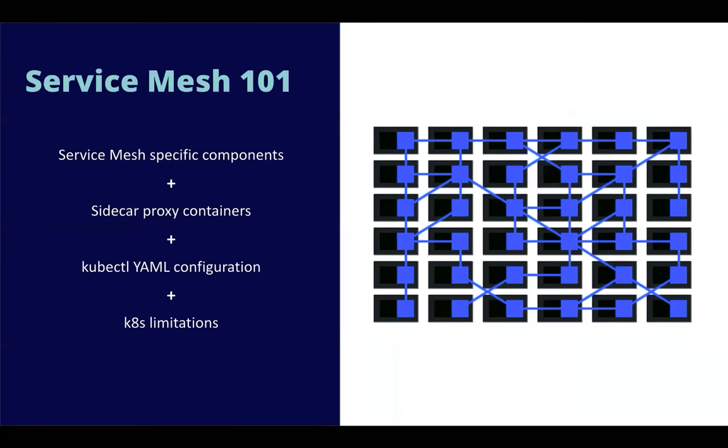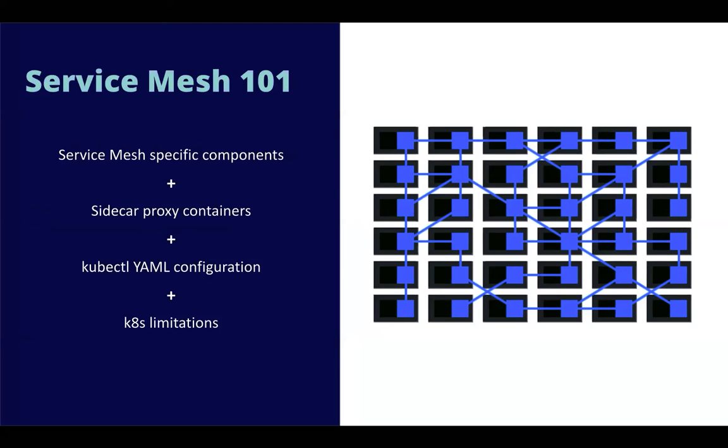So to wrap up again, service mesh is installing. First you install the service mesh. It will install some components of itself on your cluster. Then it will take care of injecting the sidecar containers into every pod, every deployment you do, which will hijack all the traffic to and from that application.